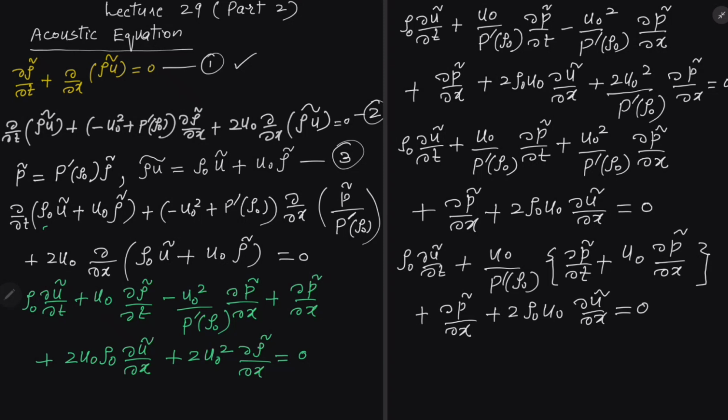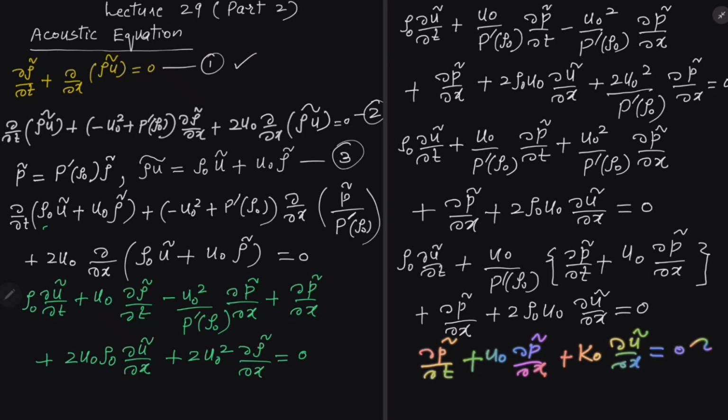And from our previous equation that I was talking about, we have converted this equation into some other form, and that equation was partial p tilde by partial t plus u naught partial p tilde by partial x plus k naught partial u tilde by partial x is equal to 0.